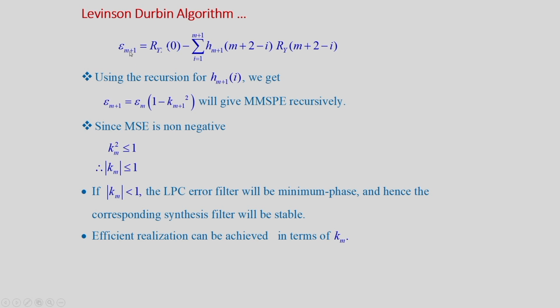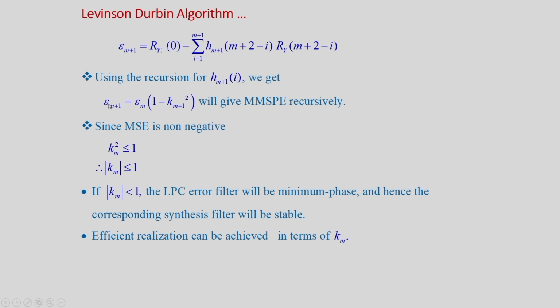This mean square prediction error also we will be getting recursively. Epsilon_{m+1} is equal to epsilon_m multiplied by 1 minus k_{m+1} squared, reflection coefficient squared. This will be the MMSPE at order m+1. Therefore, we will be able to determine minimum mean square prediction error also recursively.